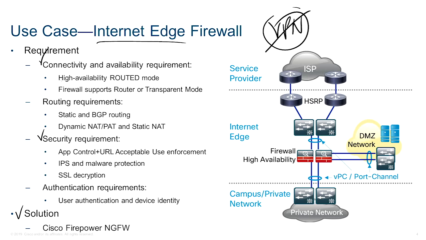Starting with, again, HA: our firewalls in an HA mode or as an HA pair, depending upon what book you pick up and how you want to read it. And of course, as in the last scenario, a routed mode, a layer 3 mode, a bump in the stack versus a bump in the wire. And don't worry, these terms of routed mode, transparent mode, bump in the stack, bump in the wire, we'll go over in more detail in a topic coming up later in this series.